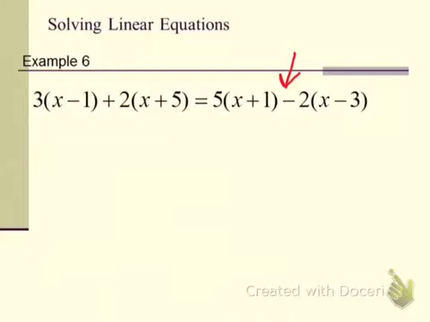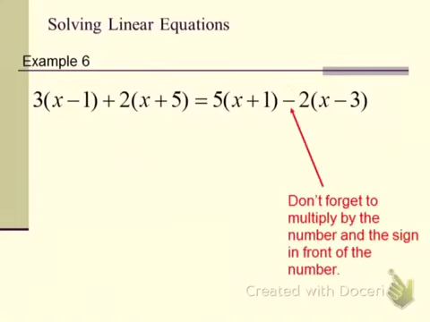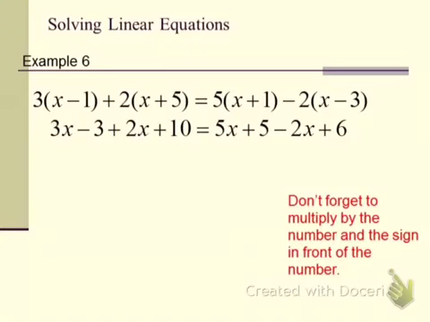All right, what do you get when you distribute it? The whole equation, what do we get? When we distribute everything, what do we get? Naya, go ahead. I got 3x minus 3 plus 2x plus 10 equals 5x plus 5 minus 2x plus 6. That's exactly right. Minus 2x plus 6 there on the end.